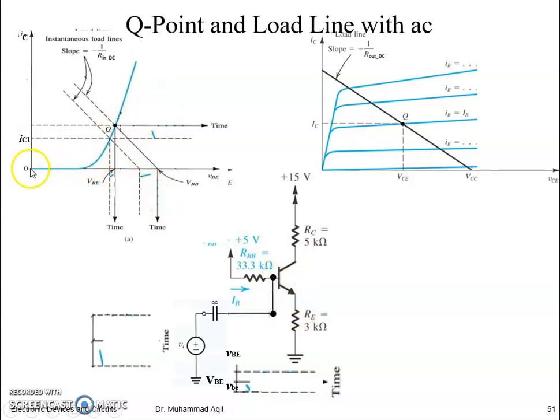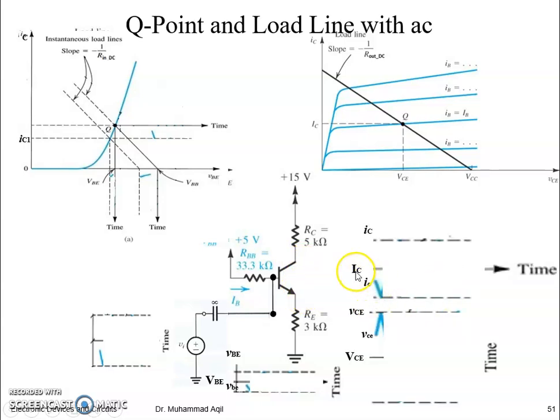the input characteristics curves dictate that IC should decrease, and this decrease in IC will decrease the contribution of voltages across RC and RE. So the contribution of voltage VCE will be increased.